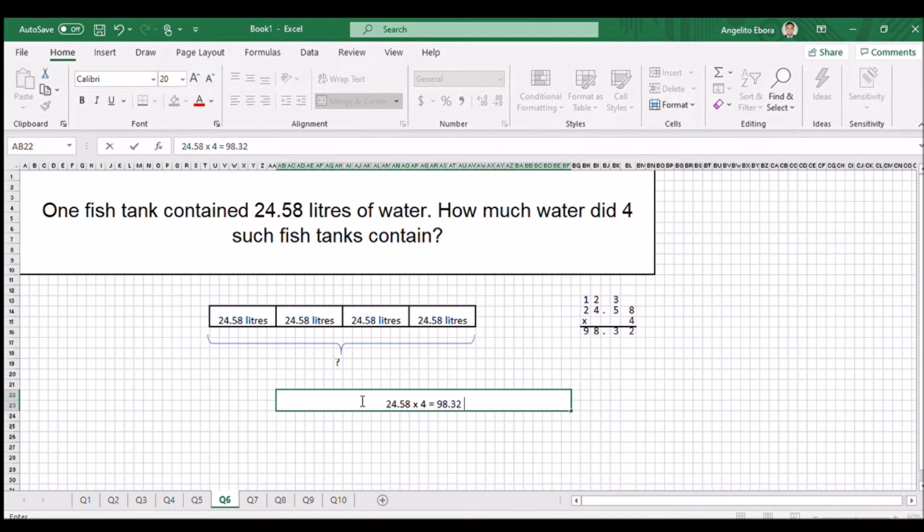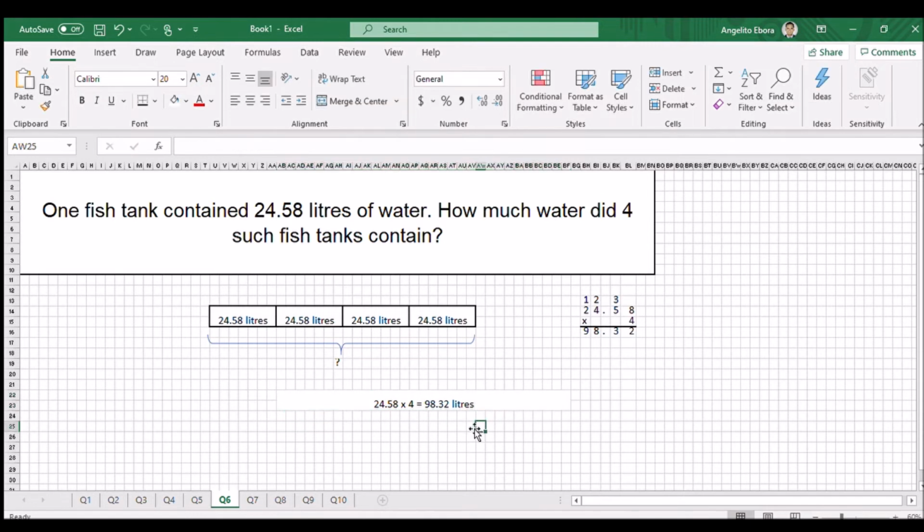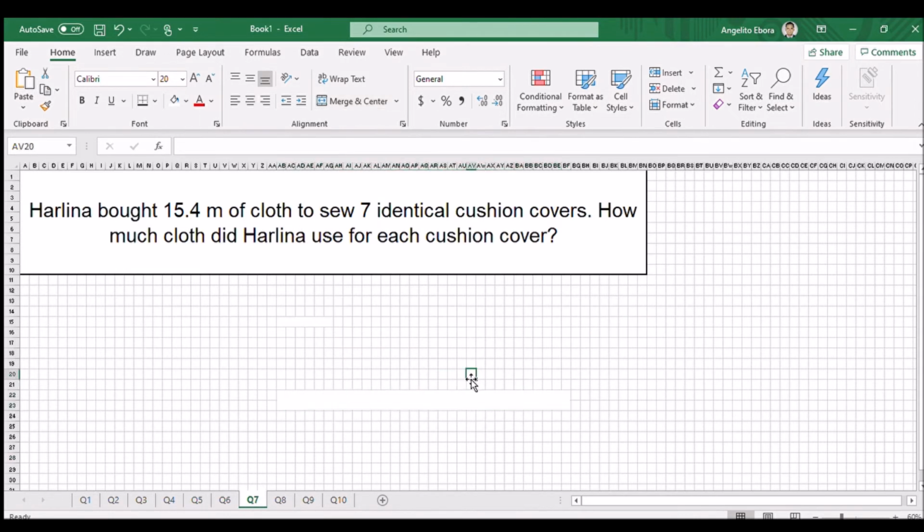Since we're talking about water and our unit is liters, don't forget our unit: 98.32 liters. Let's move on to question number 7.